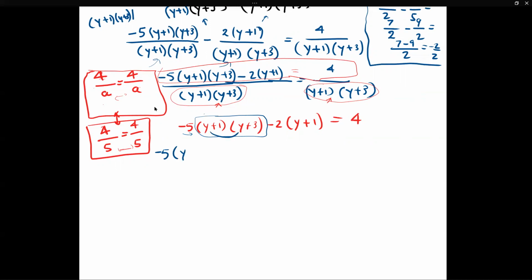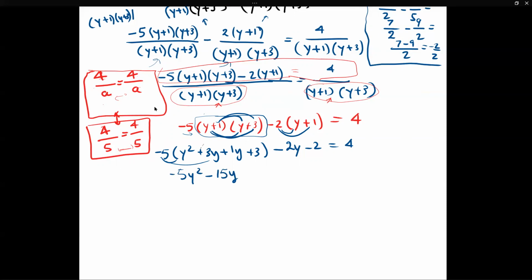So a y squared, a 3y, a 1y, and a 3, and a 2y, and a -2 before. Then now a -5y squared, -15y.